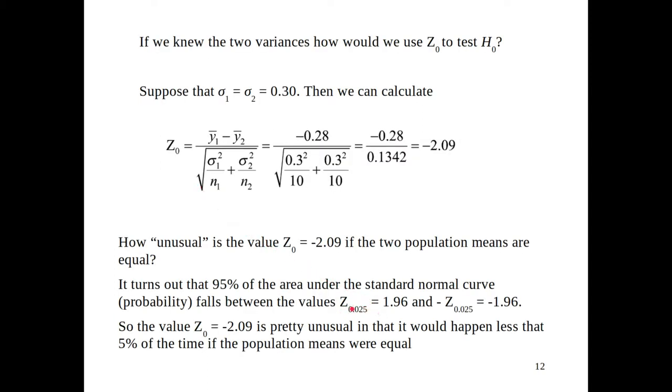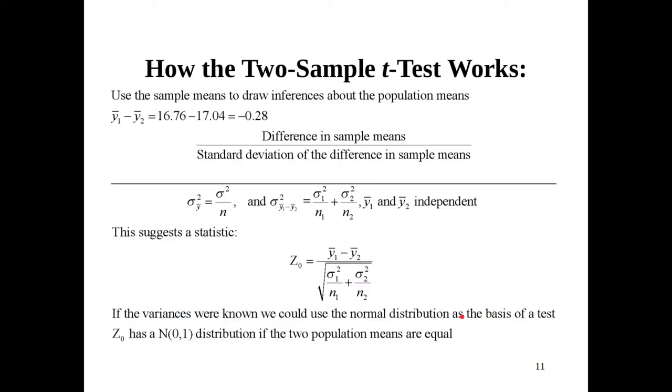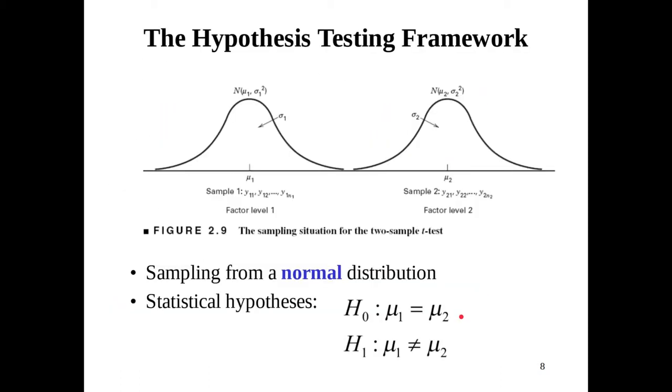So what is the value of z at that 0.025 that we want to find from the standard normal distribution tables? Once we find that, we check whether our calculated z value, which is minus 2.09, is beyond that z value at the alpha significance level of 0.05, and the same on the right hand side.